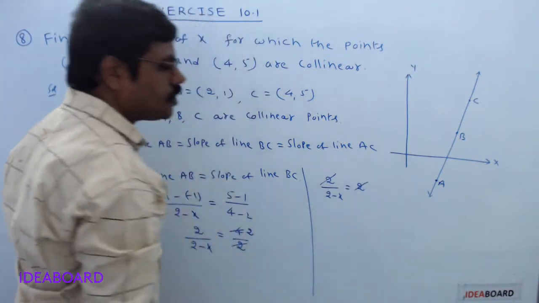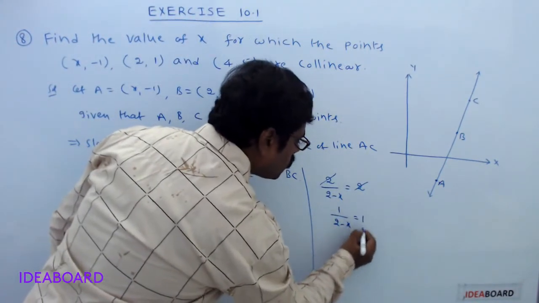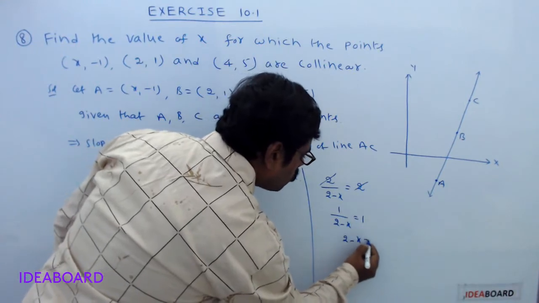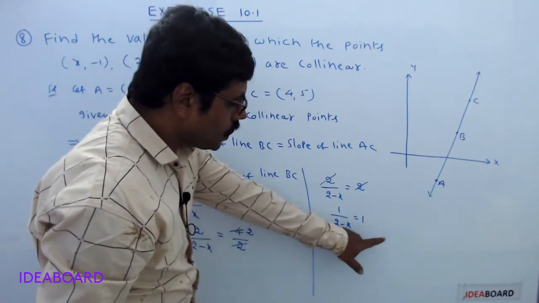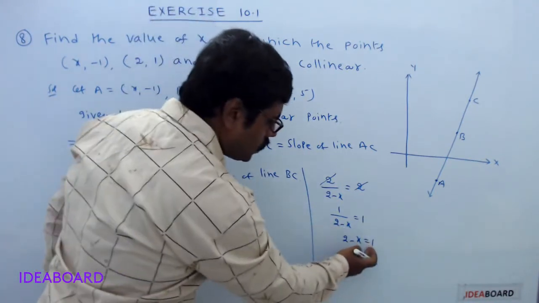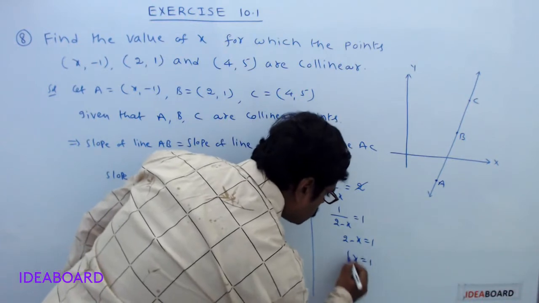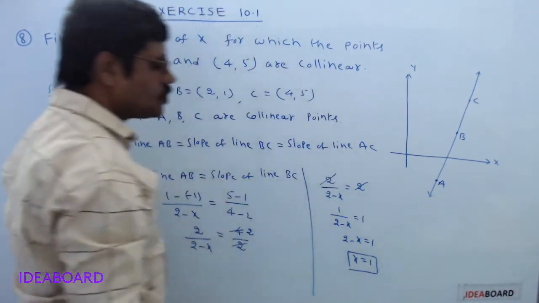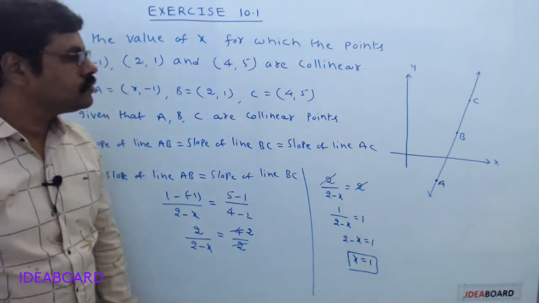Again cancel the constant 2 on both sides. 1 divided by 2 minus x equals 1. So 2 minus x equals 1. Bring this minus x from LHS to RHS and bring this 1 from RHS to LHS. We get x is 1. So therefore the value of x is 1.